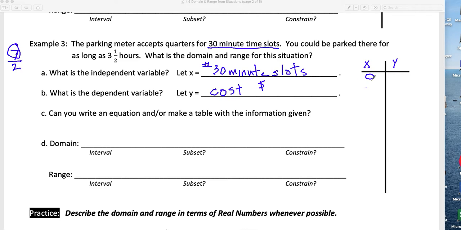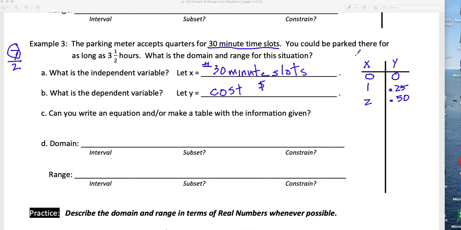All right, if I park there for no time at all, I'm not going to pay anything. If I park there for one 30-minute time slot, I'm going to pay 1/4, which is 25 cents. If I park there for 2, I'm going to pay 2/4, which is 50 cents.